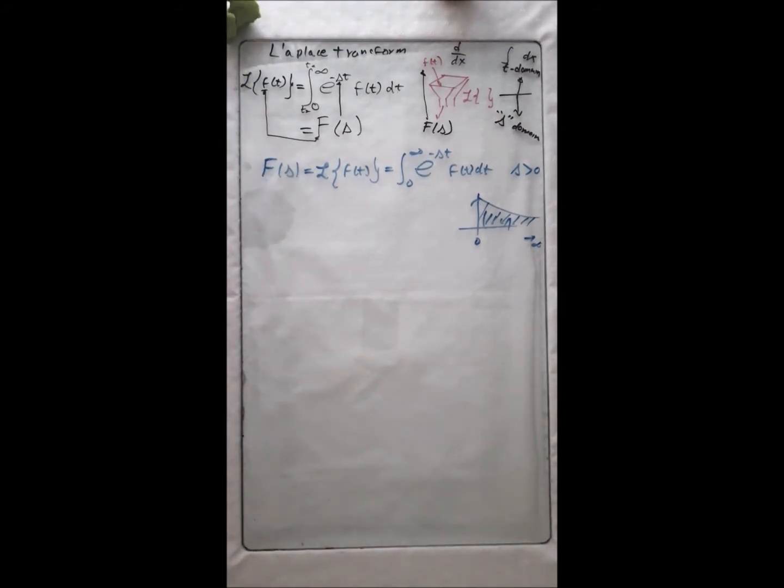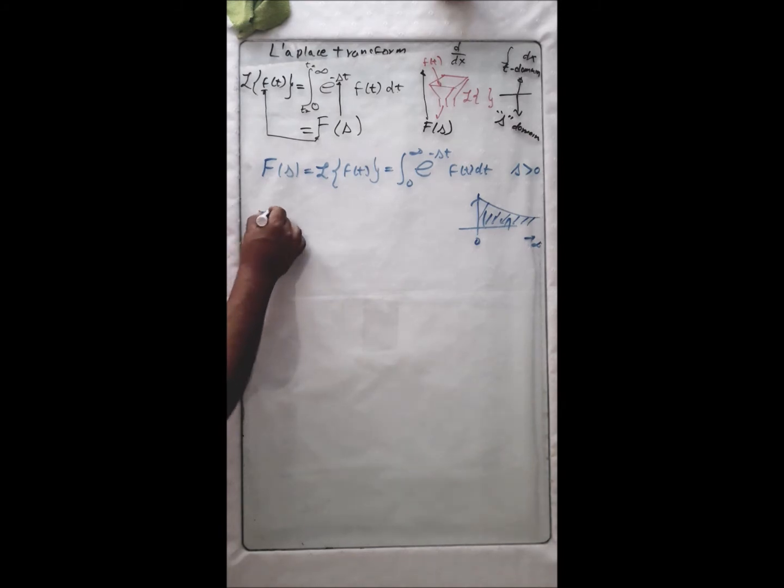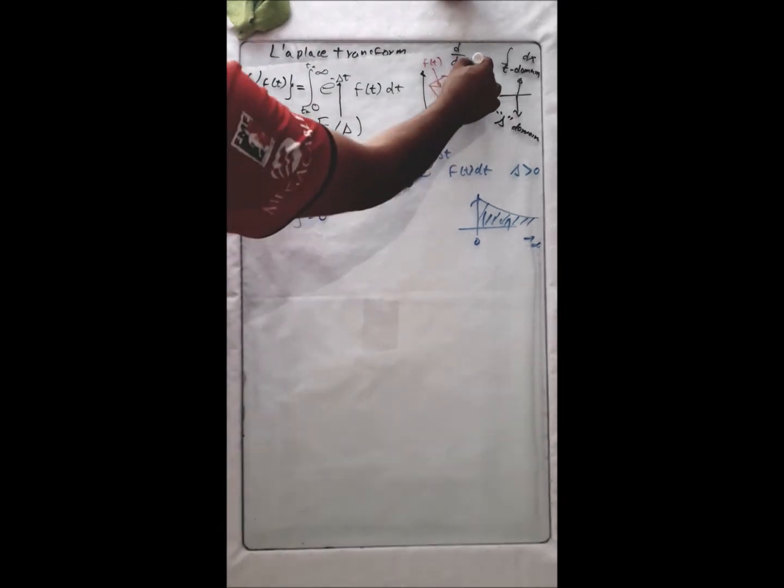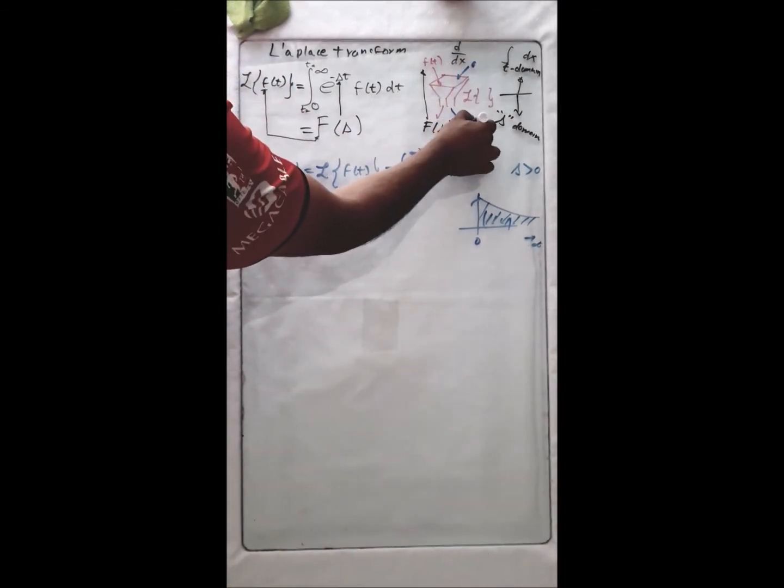Okay, engineers, now let's test if it is linear. The first thing to do is, what is the Laplace transform of 0? According to the previous class, the result must be 0, because 0 is the same no matter in which domain you are. If you throw here 0, you should get 0.